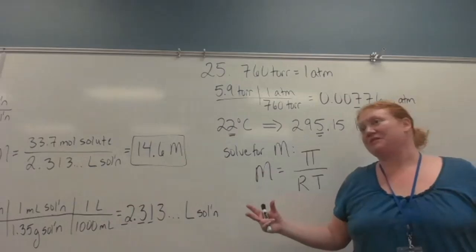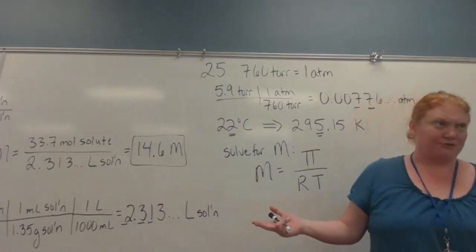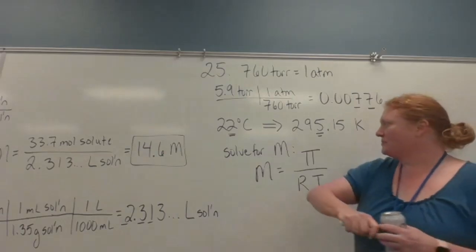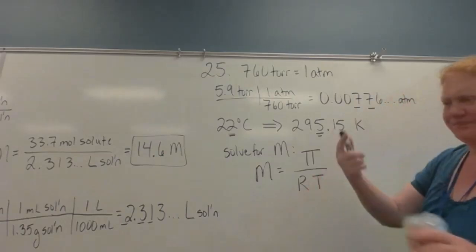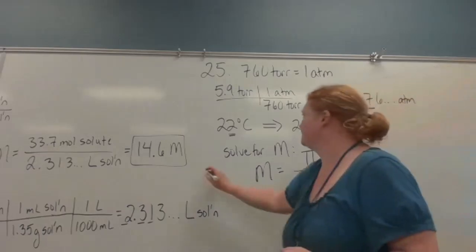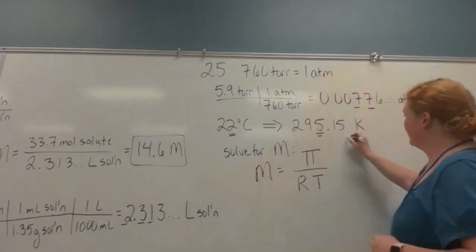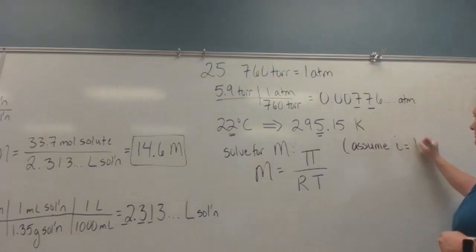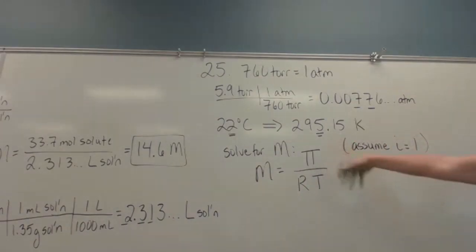It is not splitting into, dissociating into smaller particles. Wouldn't that be terrible if it did? Okay. So we can assume i has a value of 1. So I don't need to worry about it in my calculation.